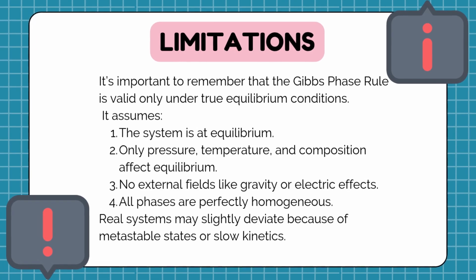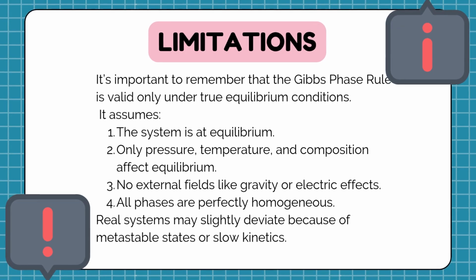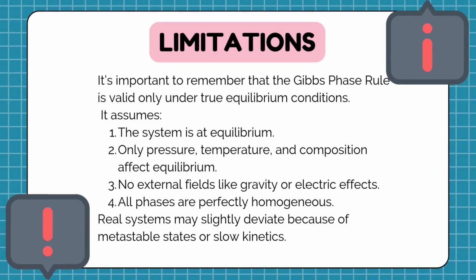Now that we have understood the phase rule and its applications and examples, let's look into some of its limitations. It is important to remember that the Gibbs phase rule is only valid under true equilibrium conditions. It assumes that the system is at equilibrium, only pressure, temperature and composition will affect equilibrium, no external fields like gravity or electric effects, and all phases are perfectly homogeneous.